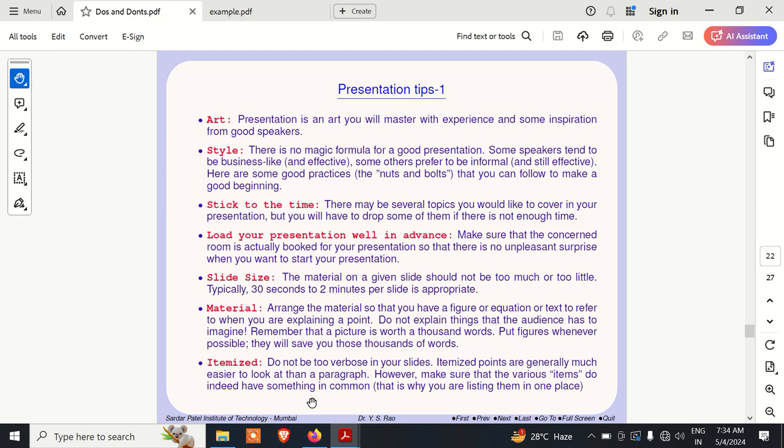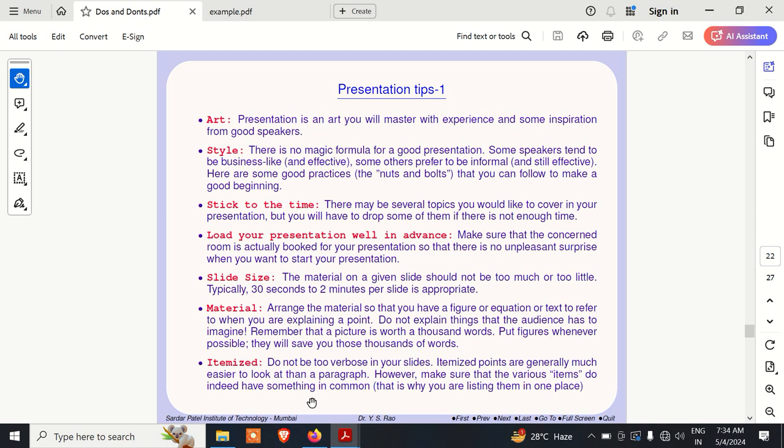That means whatever is the time slot given to you, keeping in mind that, you need to decide how much time you are spending on each slide, maybe few seconds to few minutes, 2 minutes, 3 minutes. So when you prepare a slide, make sure it should not be one or two sentence slides. That means not too little, but at the same time not too much on one slide.